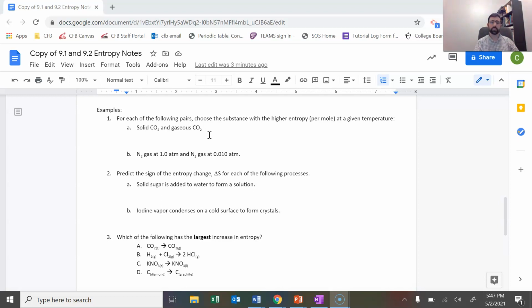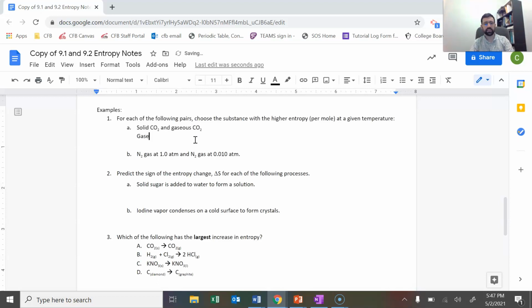Well, a gaseous carbon dioxide sample is going to have the molecules more spread out. We also mentioned earlier that solid has the lowest amount of entropy, then liquid, and then gas has the greatest amount. So especially if it's the same substance, we definitely know that gaseous carbon dioxide will have a greater entropy.